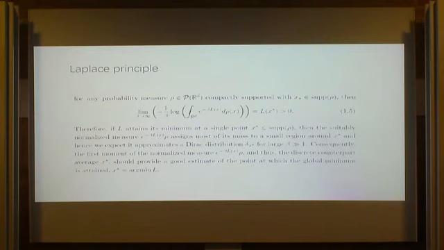If you take e to the minus beta L, integrate against rho, the law of x, take a logarithm and divide by beta, the limit as beta goes to infinity is the minimum value of L. That's called the Laplace principle, which is an important tool if you want to approximate an integral, also from large deviation theory. So from here you see that this choice of Gibbs distribution allows you to get to the global minimum of this function.